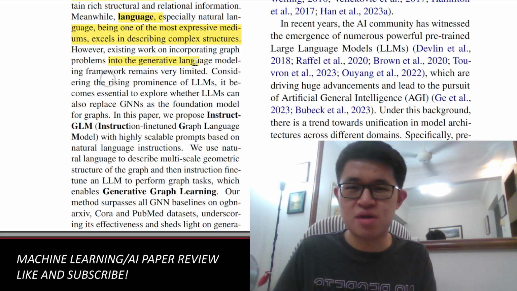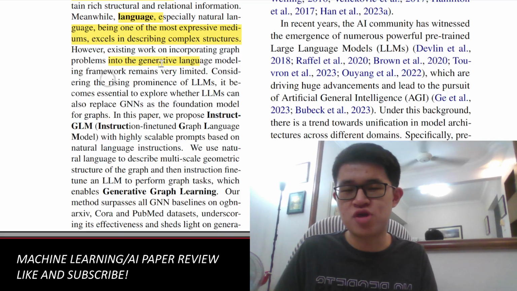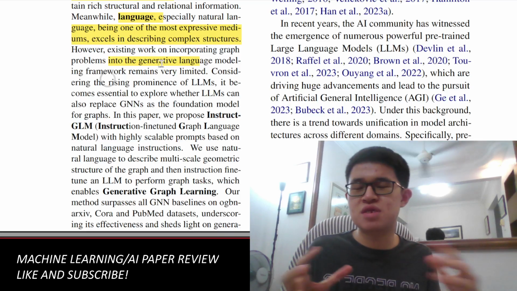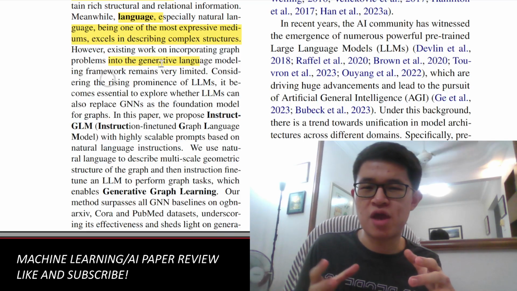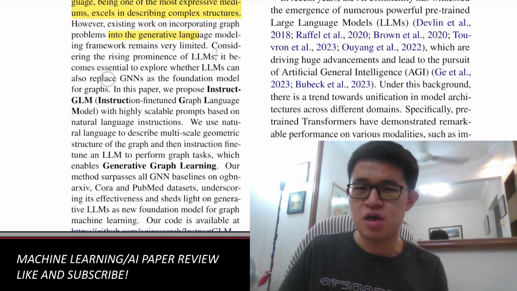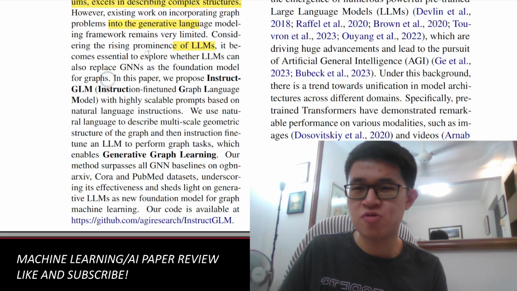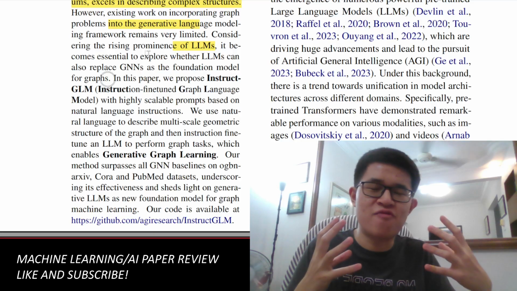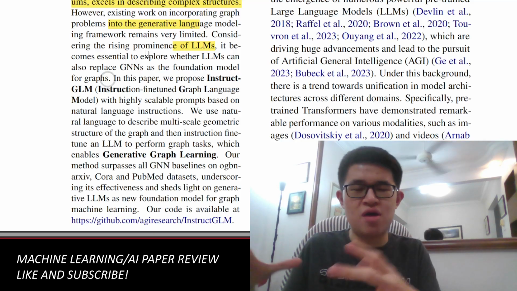Of course, there are existing works that incorporate graph problems into the generative language modeling framework, but this is still a pretty new area that needs more work. And because we have the LLMs, it's really crucial to ask whether we can replace graph neural networks with LLMs.